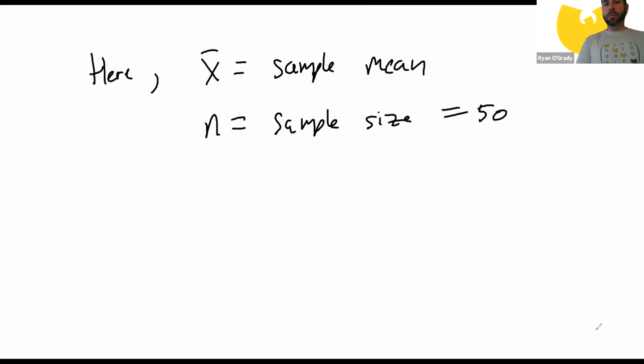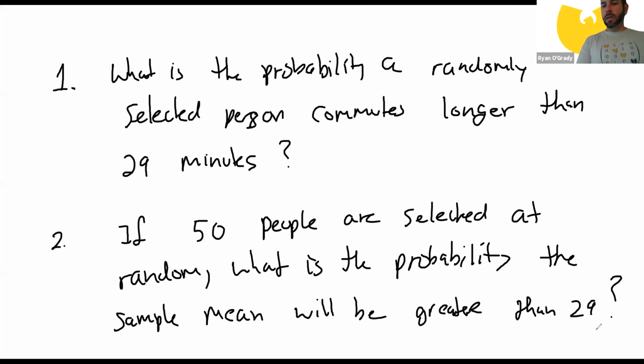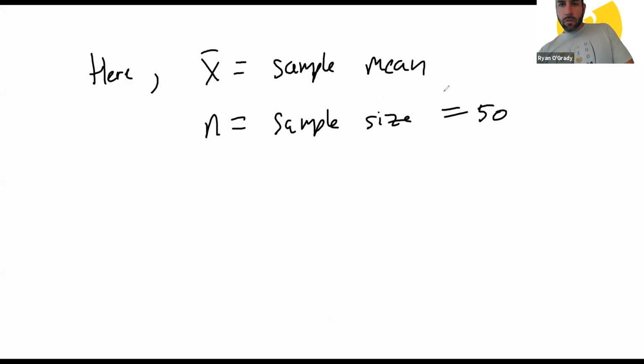Well, we asked, what's the probability that it was greater than 29, right? So here, this is 29. And so Z is 29. Well, excuse me. Is that what we use, 29? Yeah.